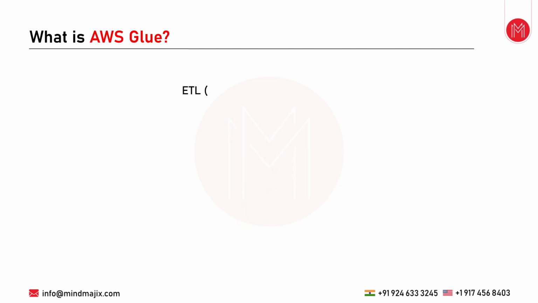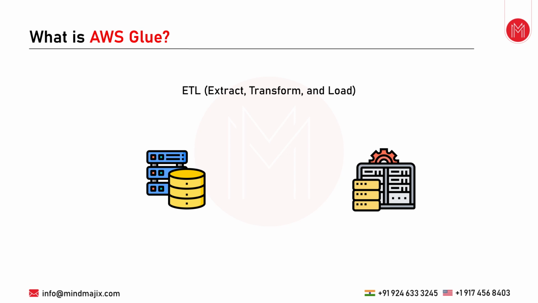The ETL process has been designed specifically for the purpose of transferring data from its source database to a destination data warehouse. However, the challenges and the complexities of the ETL process can make it very difficult to implement successfully for all of the enterprise data that is available with an organization. So this was the whole idea behind the concept of AWS Glue.